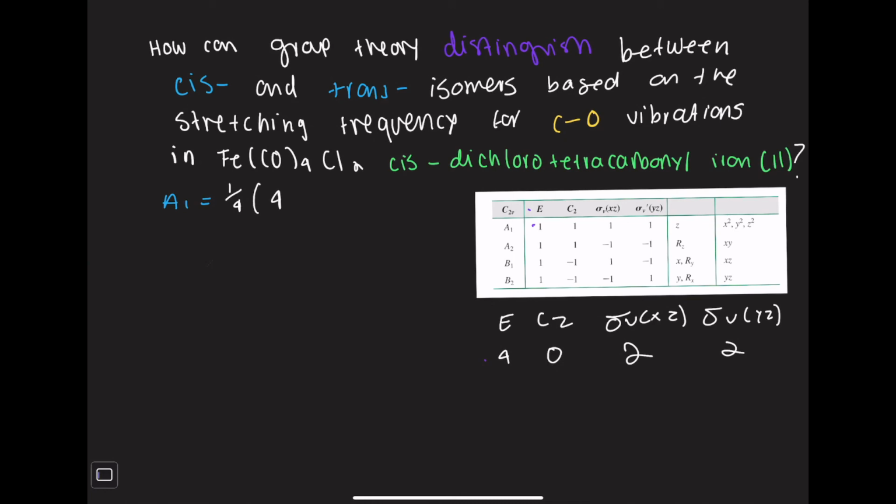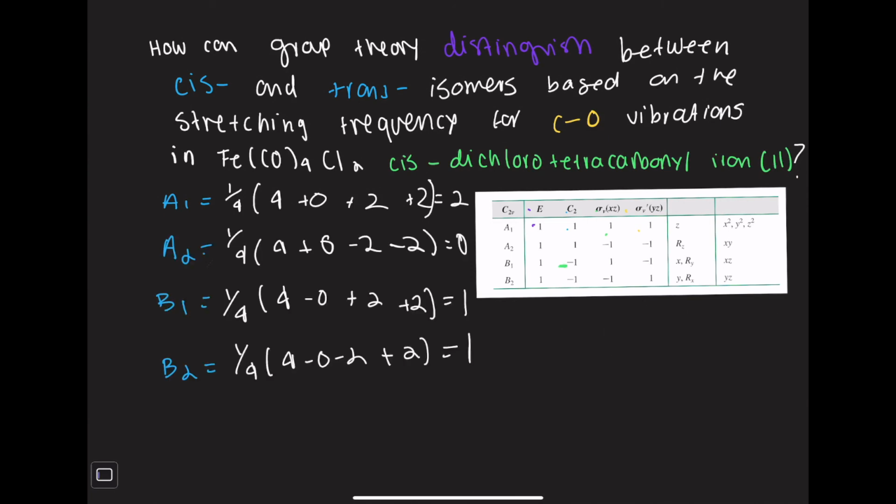And then 1 times 1 times 0, it's gonna give us a +0. And then 1 times 1 times 2, it's gonna give us a +2. And then 1 times 1 times 2 is gonna give us a +2. So this is gonna give us a total of 2 when we do the whole math operation. Simple math, it's gonna be easy.